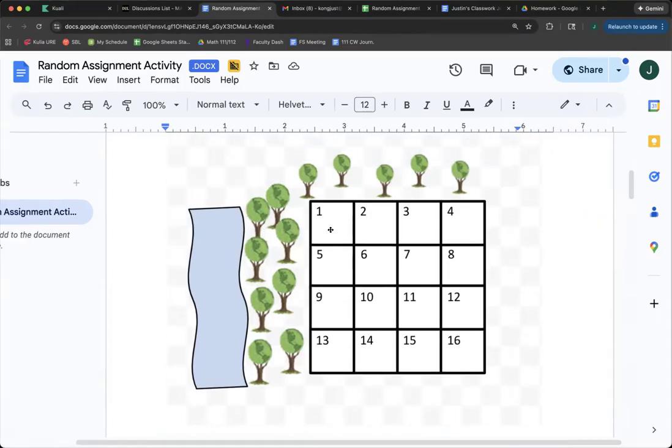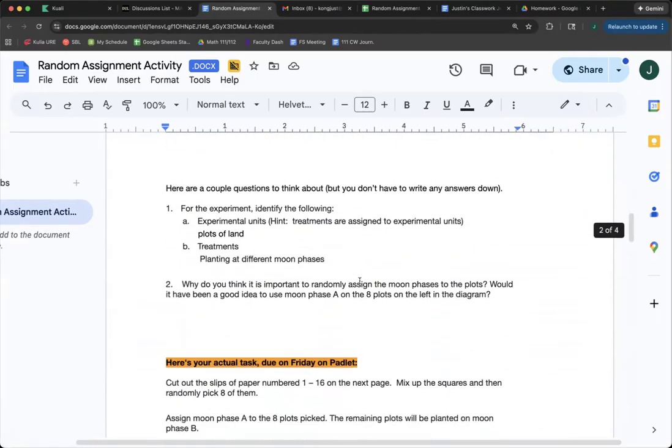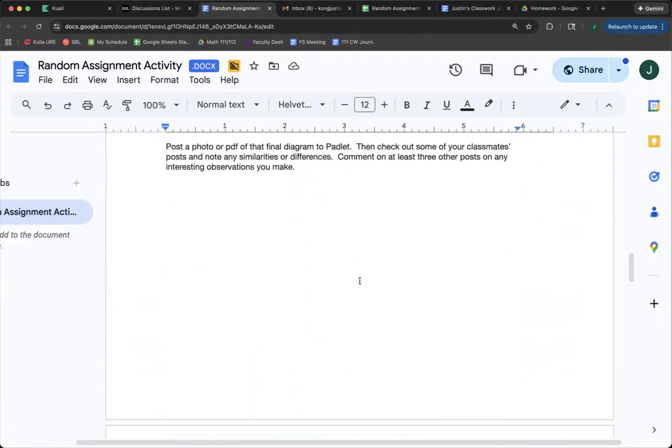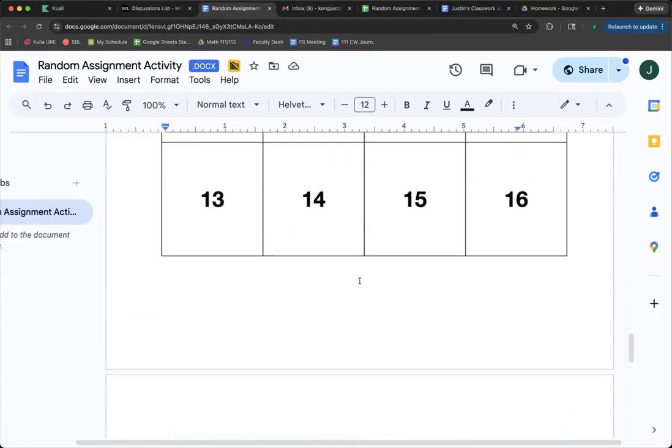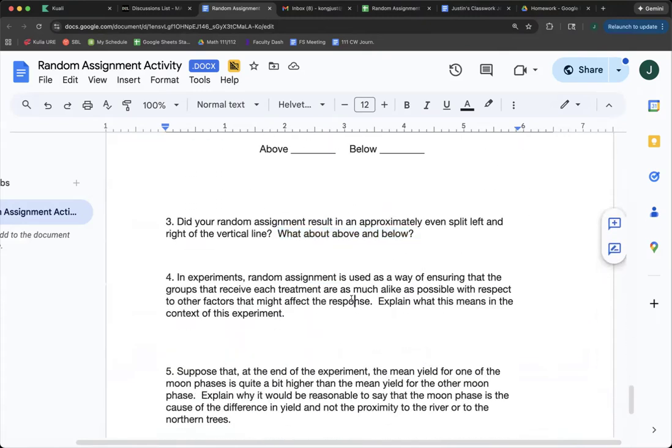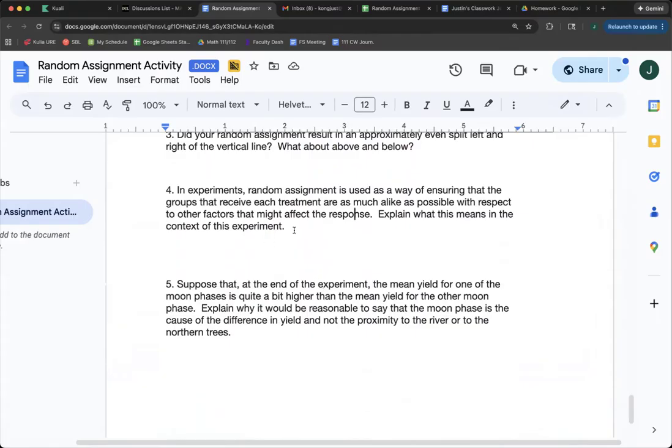But what if I said, okay, I'm gonna account for the left and right, but then unbeknownst to me, there's a sinkhole or something, or a fire in the land or something, and I ended up putting all my A's in one spot just by chance. So by randomly assigning my fields, I would have accounted for that as well. So any issue that I may not even be aware of, random assignment is gonna deal with that for me. Okay, so that was question four.